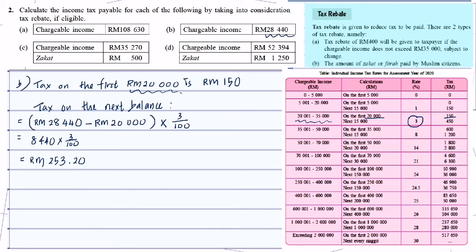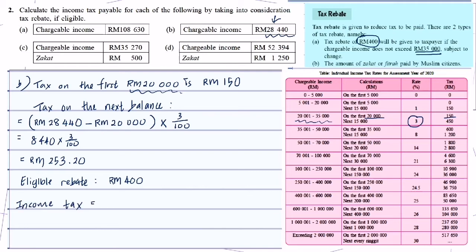Okay, now we must check whether got eligible rebate or not. So now you look at the chargeable income. The chargeable income does not exceed 35,000. So if the chargeable income does not exceed 35,000, you have the tax rebate of 400 ringgit. So now we count for the income tax.